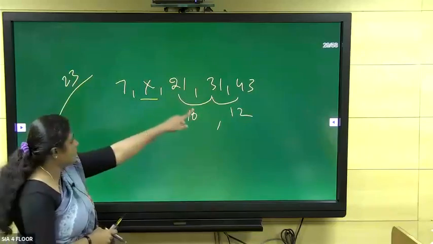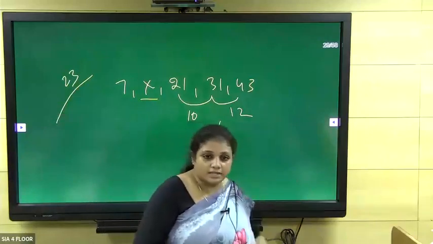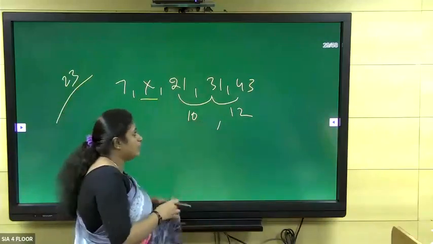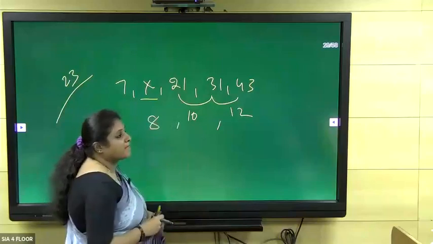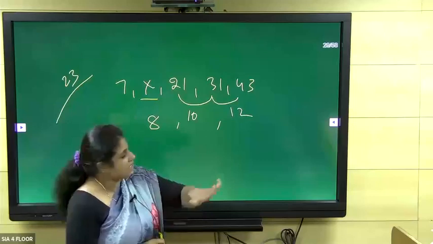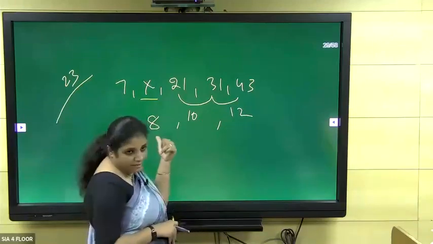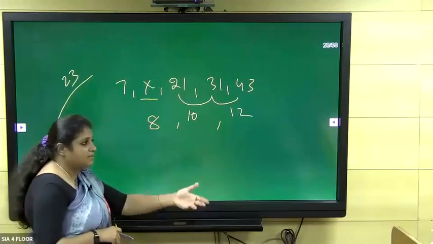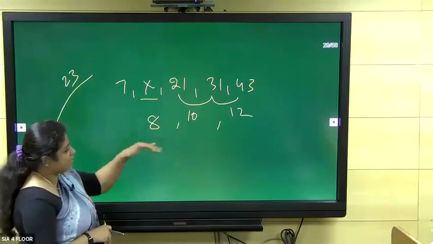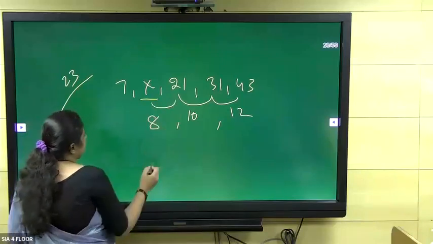It's an increasing sequence, and we have only 2 numbers to confirm that. Okay, so it's not confirmed that it has to be 8 here, but it is just a trial, and we are checking whether it's coming correct or not. Okay, since this is 10 and this is 12, it must be 8 here. Okay, it's not that it must be 8, but the maximum possibility of the number being here is 8.